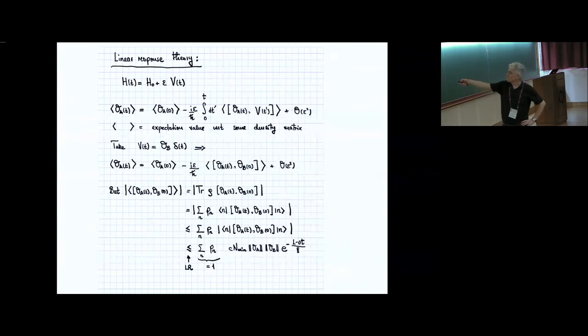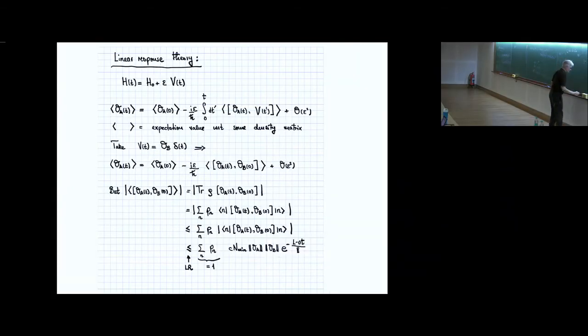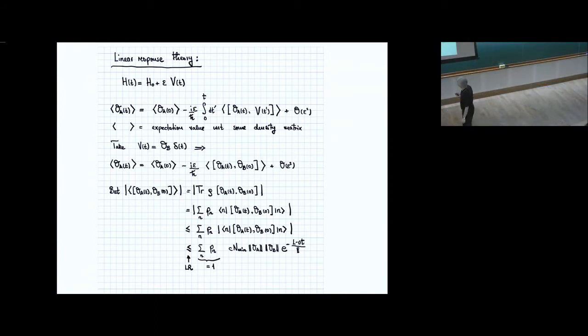Now I write the density matrix simply as a sum over some probabilities, which add up to 1, times some states. Basically what I use here is that I can always write my density matrix rho as some probabilities times some one-dimensional projectors, and this is a complete set of states.